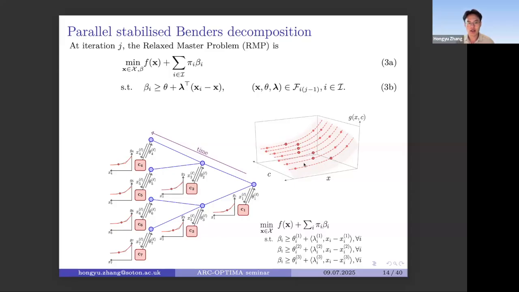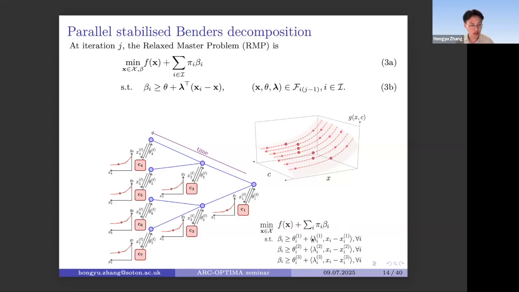As you can see in this illustration, we have three cuts built for each subproblem, because we performed 3 iterations, as you can see in these equations in the bottom right.